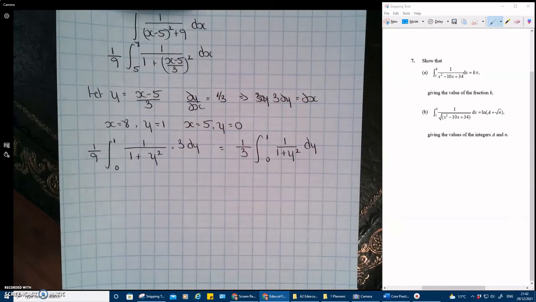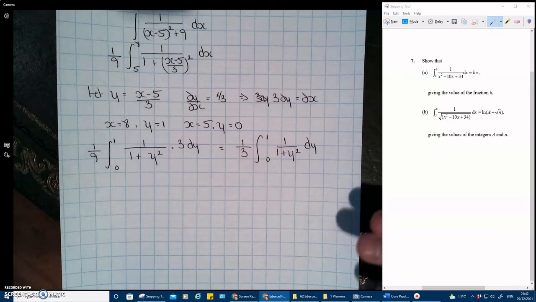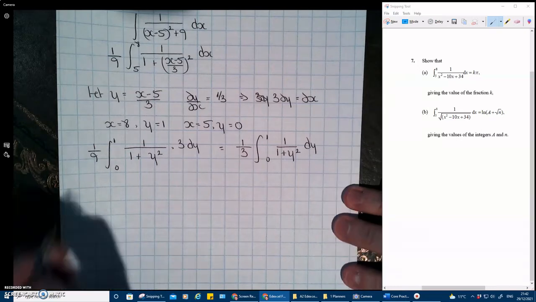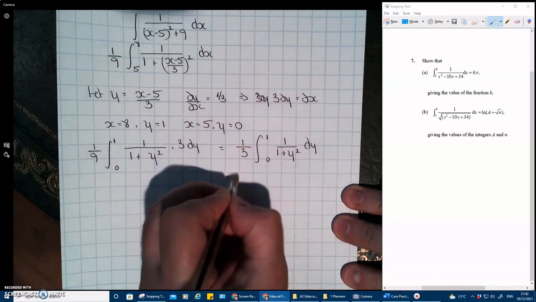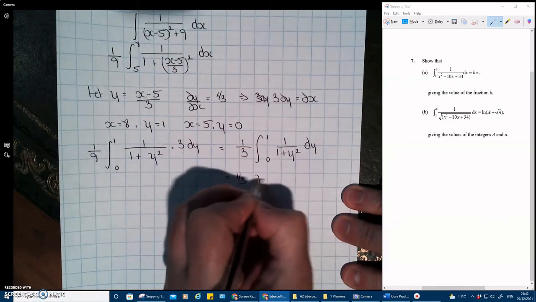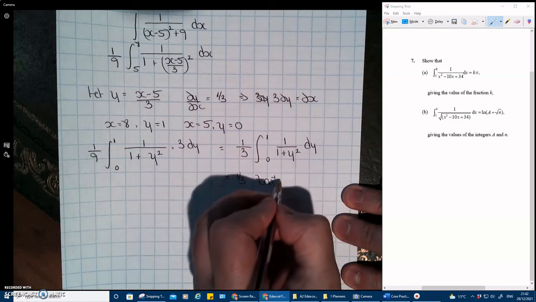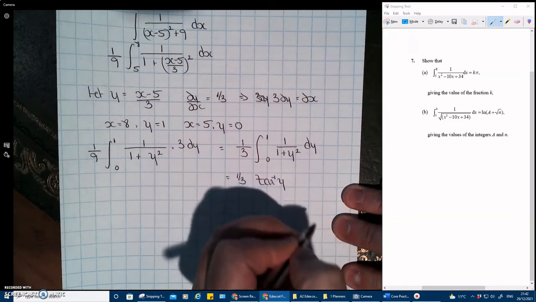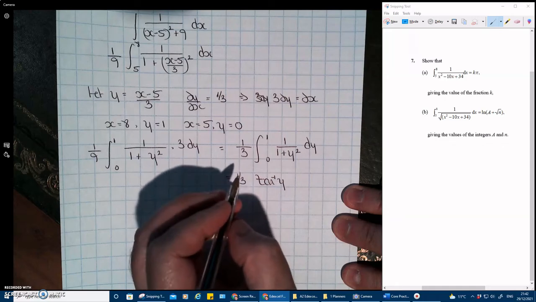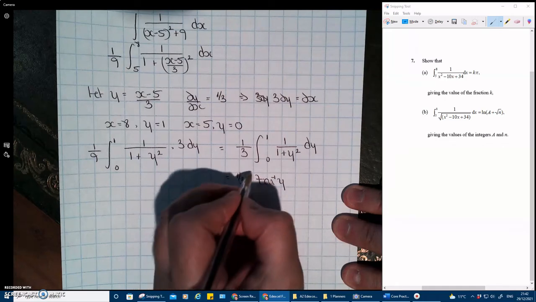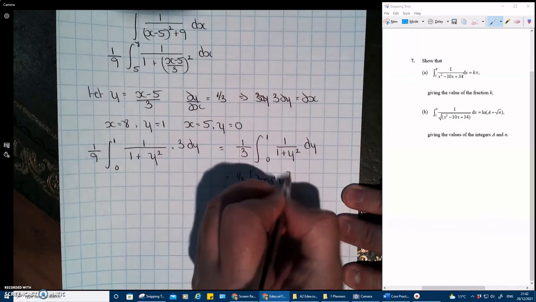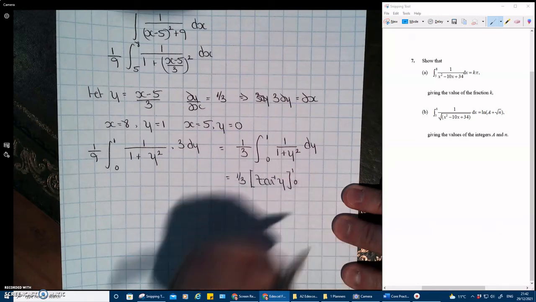Now I know the integral of 1 over 1 plus y squared is arctan. So that equals a third tan to the minus 1, or arctan if you prefer, of y, between the limits of 1 and 0.